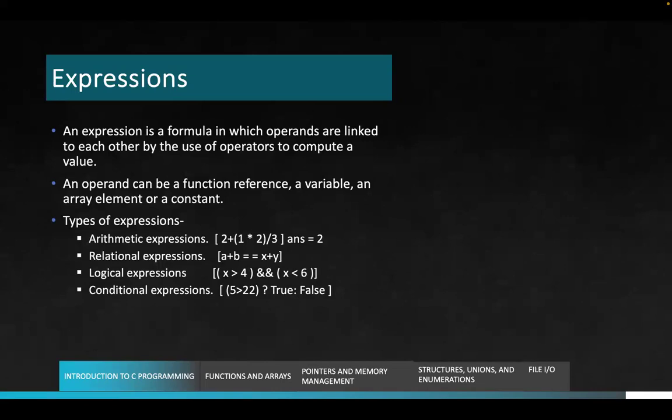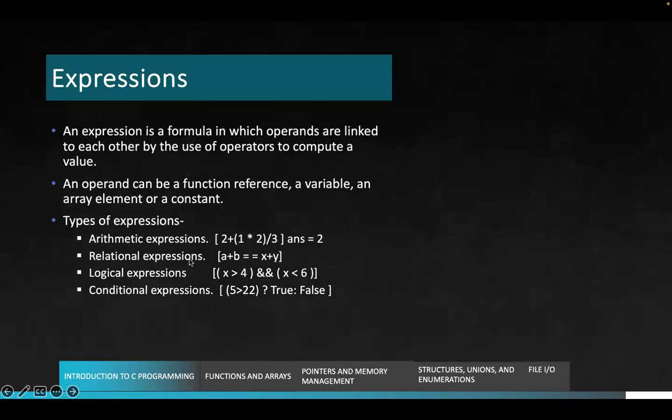Example: in the first example, the arithmetic operation 2 + (1 * 2), with multiplication and division, the answer is 2. How did it come to that? It's very simple. It follows the BODMAS rule. First it will execute the bracket, then it will follow the rest of the things. That's where the arithmetic operations come in.